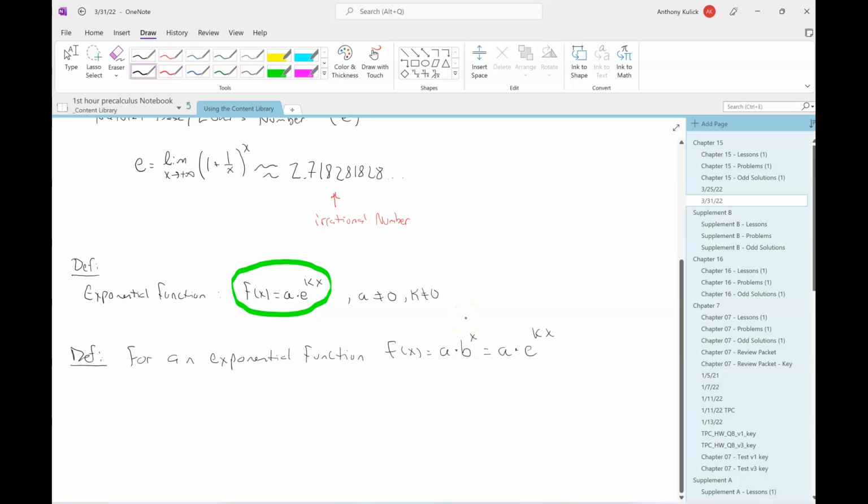So either way we're representing it, we say if A is positive and either B is greater than 1 or K is greater than 0, this is going to be called exponential growth.